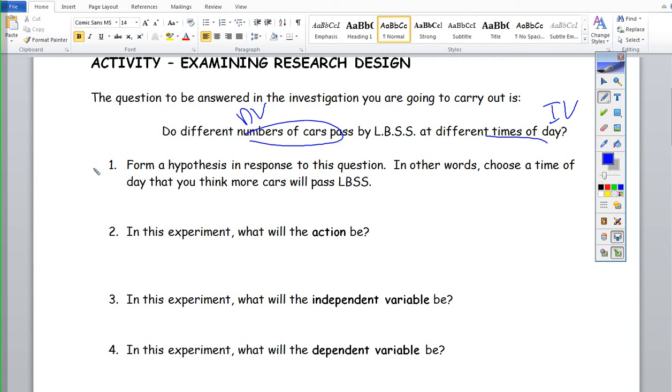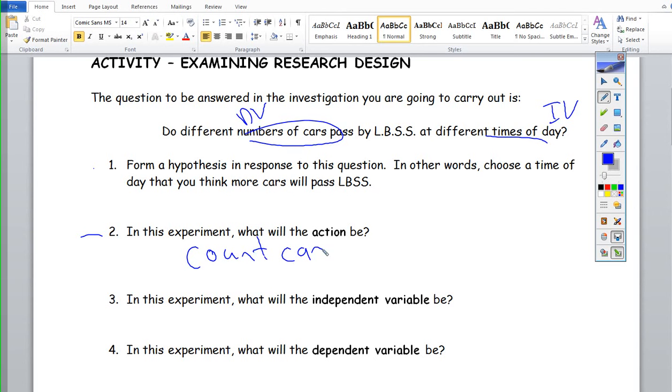But then in the experiment, let's look. In this experiment, what action is going to be taken? I want to draw attention to this, the action taken. So think about what you just heard. What's the action that's going to be taken? What are you going to do? Think about the name of the activity. You're going to count cars. So look, the action taken is you are going to count cars.